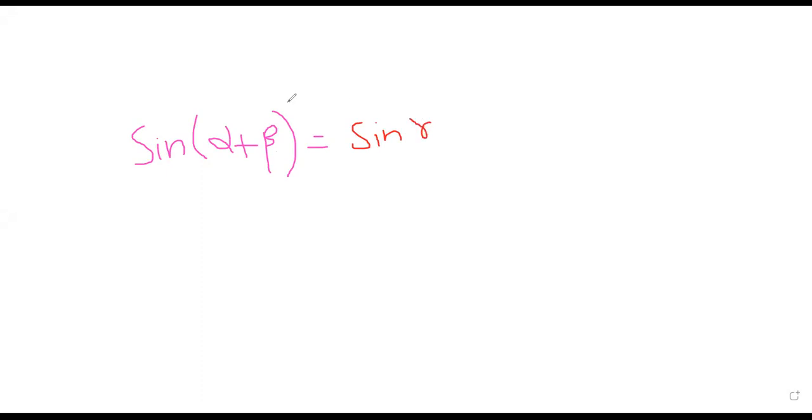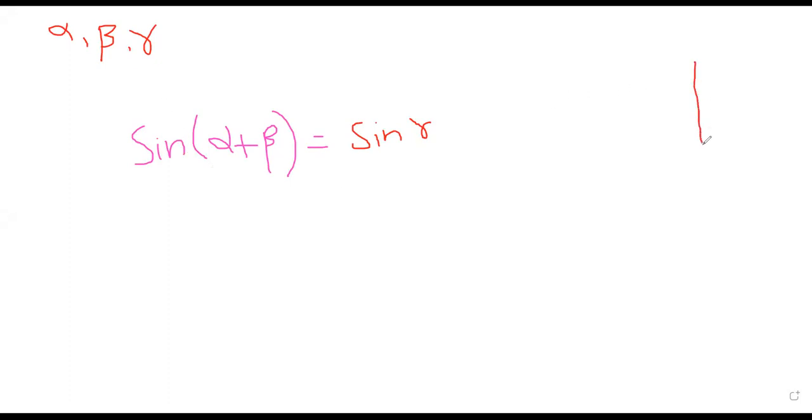The condition given is that alpha, beta, and gamma are angles of a triangle, then we have to show that sine of alpha plus beta equals sine of gamma.